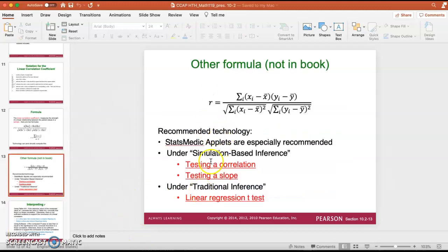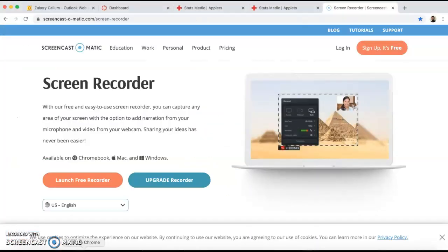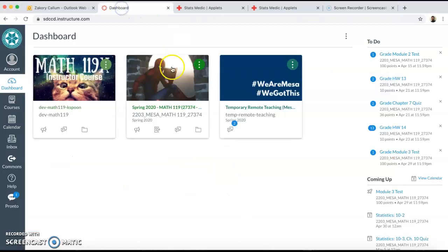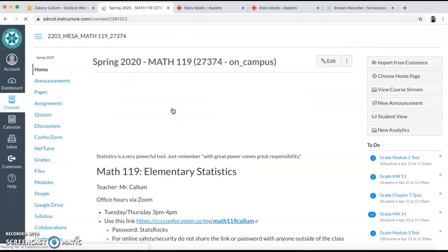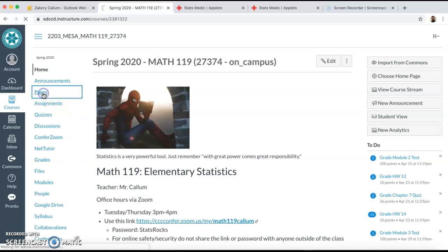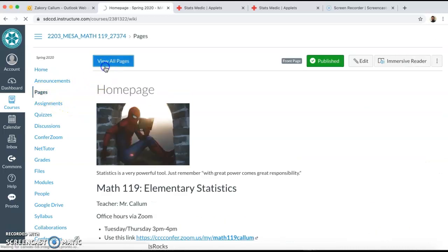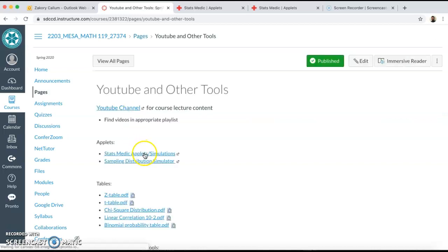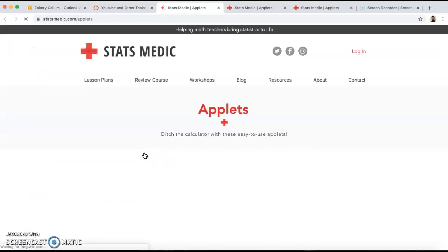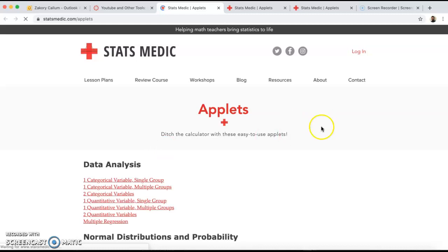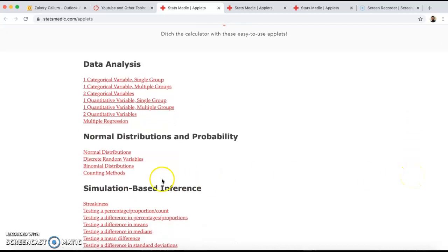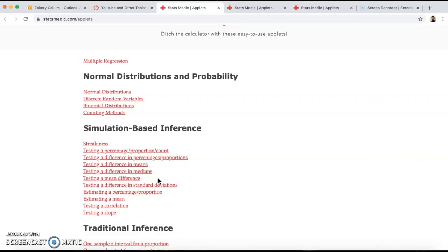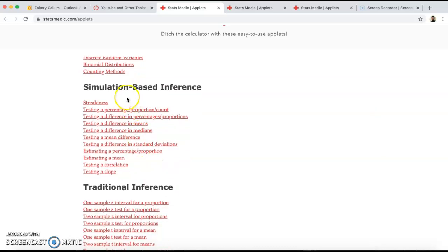So when I go to a Canvas page, now to find those applets, I'm going to go to Pages, View All Pages, then I want to go to YouTube and Other Tools. I'll go to that StatsMedic Simulations. And so here's where I can find all the simulations and applets. Now the ones that will be useful are under this section here, testing a correlation or testing a slope.